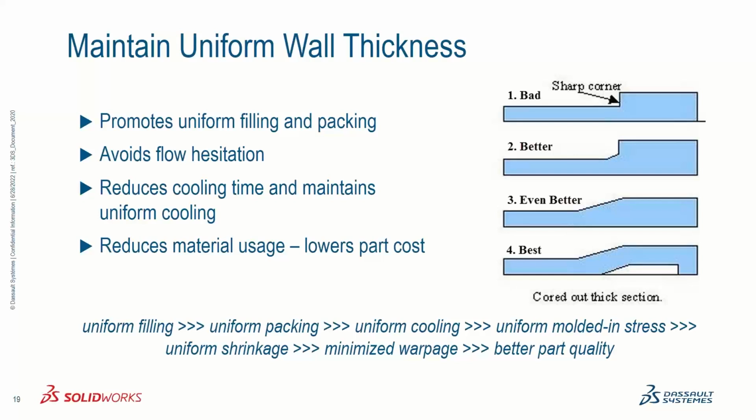In this scenario, you will end up with a sharp corner, which is going to result in stress concentration, which can lead to potential premature failure of the part. It can also cause what is called flow turbulence, which can result in surface or cosmetic defects which can show up on the visible surface of the part.